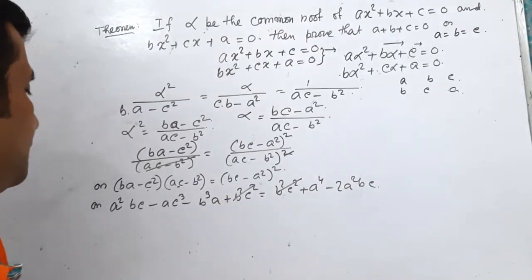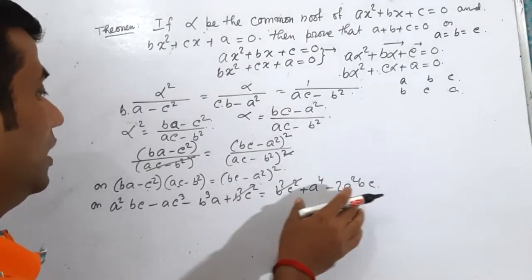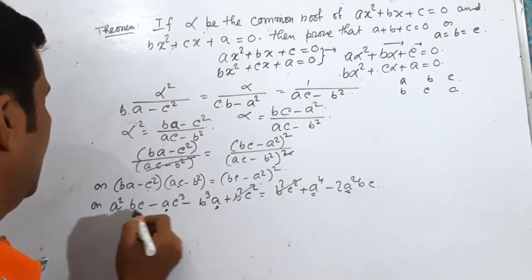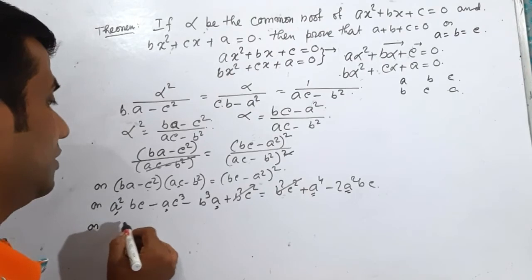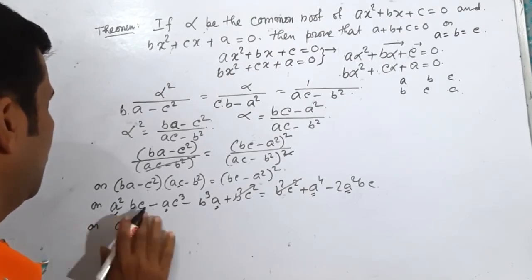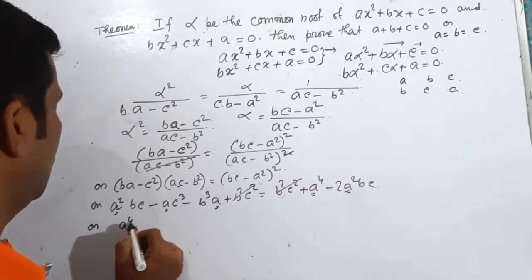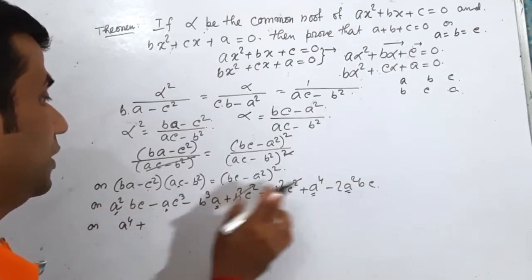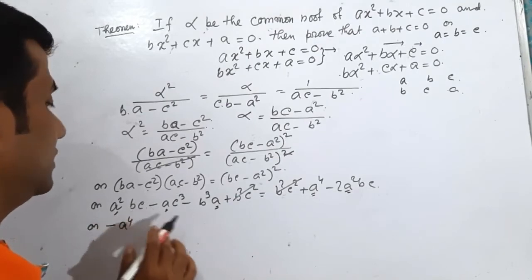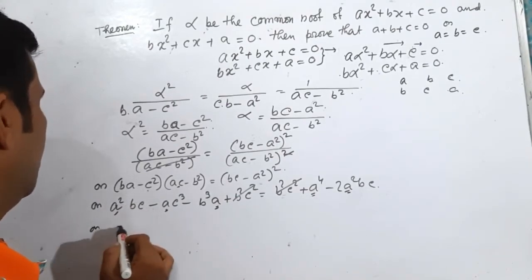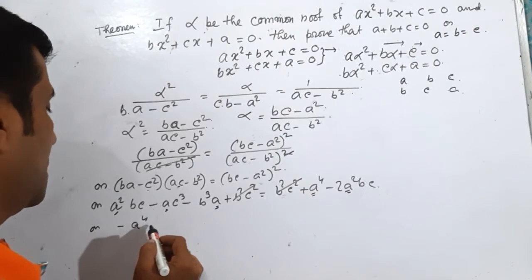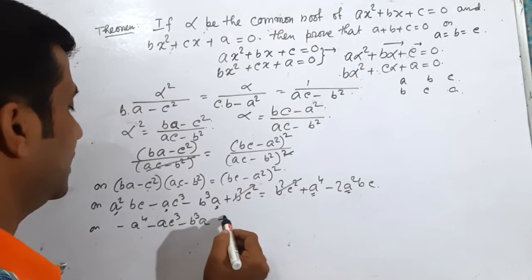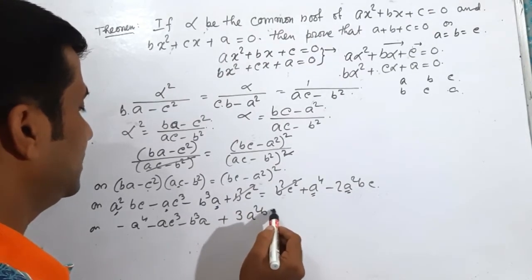Cancelling we get, taking a common, a to the power 4 minus a to the power 4 minus ac cube minus b cube a plus 3a square bc.